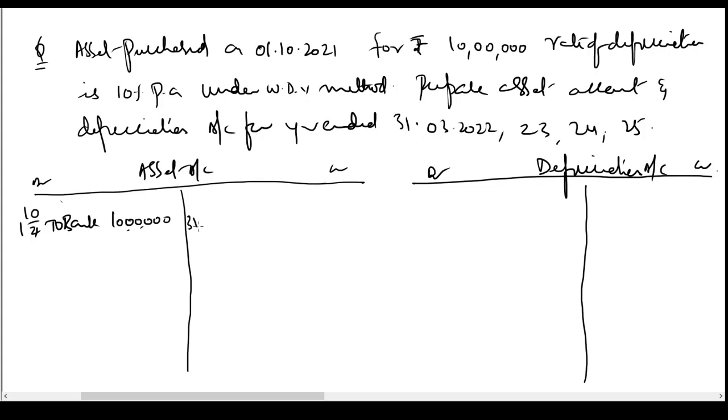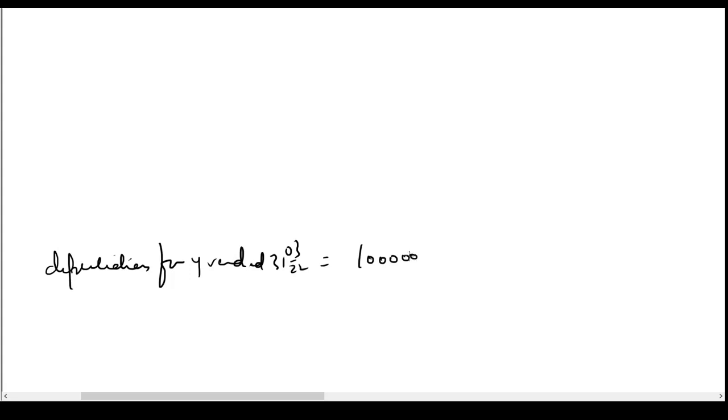So on 31st March 22, I have to reduce the value of the asset by the amount of depreciation. How is it calculated? It is 10% per annum under WDV method. So how will I calculate the depreciation for first year? Depreciation for year ended 31st March 22. 10 lakh is the value of the asset multiplied by the rate of depreciation 10%.